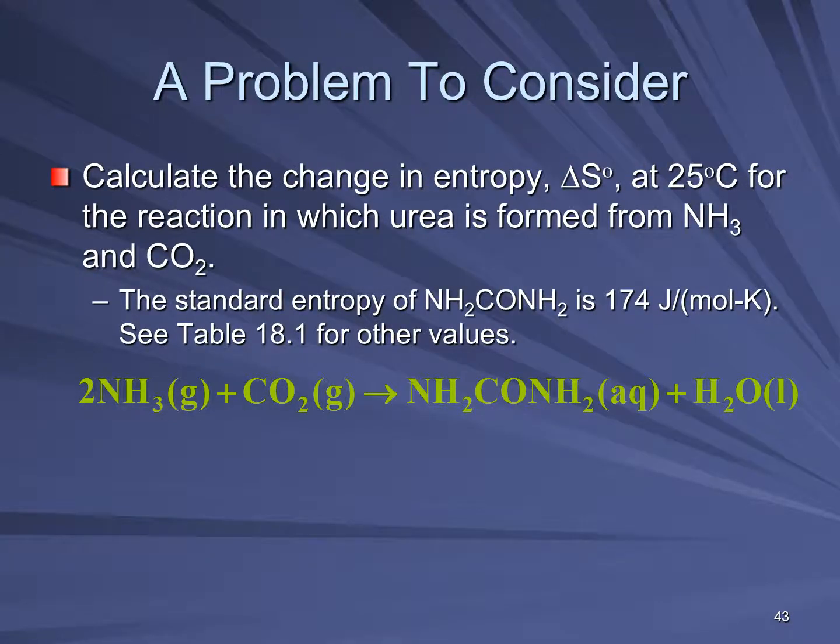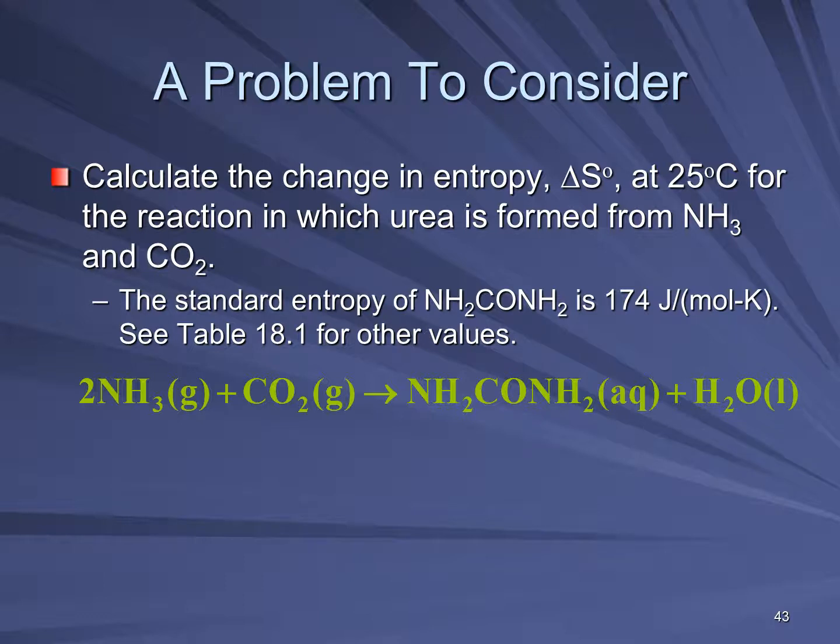All right, let's calculate the change in entropy at 25 degrees for the reaction in which urea is formed from ammonia and carbon dioxide. We can look up all the values in the back of the book. If you looked back there, you would not find the standard entropy for urea, NH2CONH2, so it's given to you in this problem, and that will always be true.